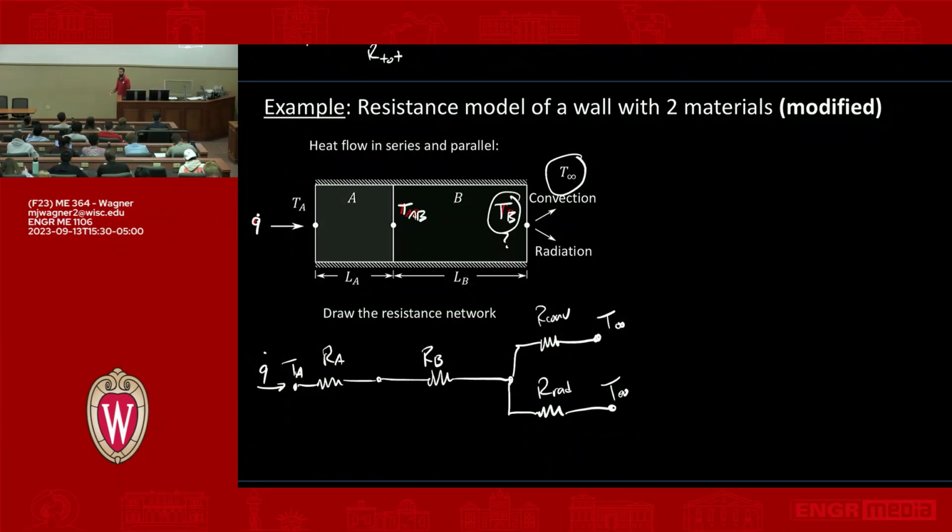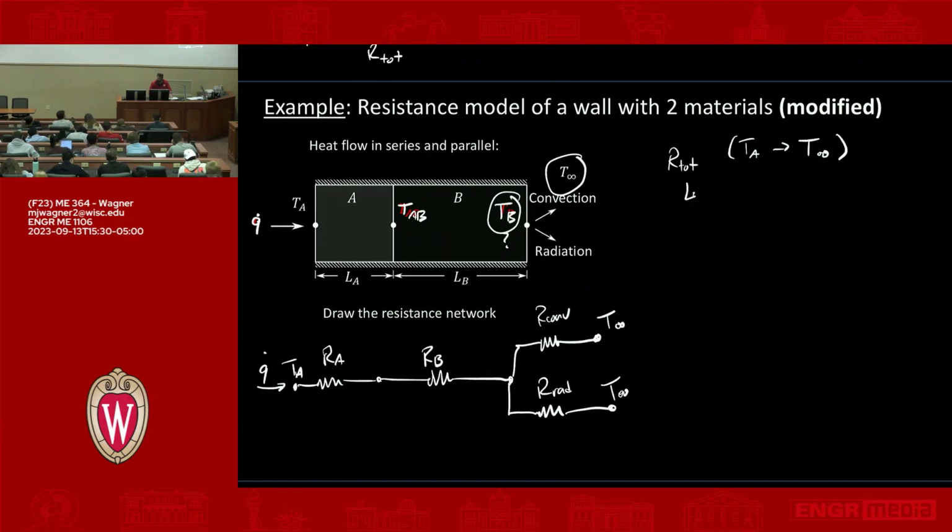You can represent this in the same way, compute R total and solve it. Let me just write out how it actually looks to solve. So let's say we want to compute R total, and that is going from TA to T infinity.